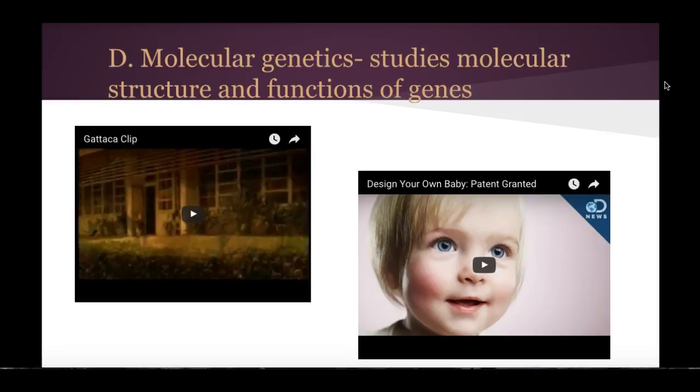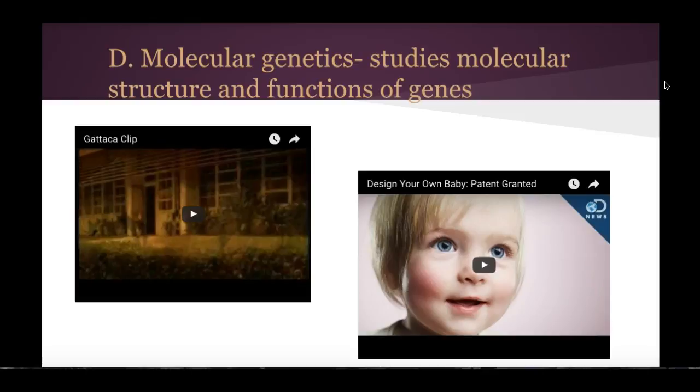Remember the gene is the smallest part of our chromosomes. So we have chromosomes and we have DNA and then we have genes, right? So we can talk about what we get from our parents. Molecular genetics is looking at whether we can map the gene and find out if there is a gene for a particular disorder or not.